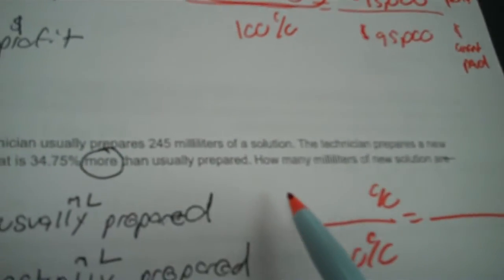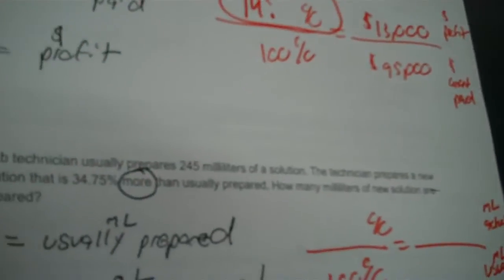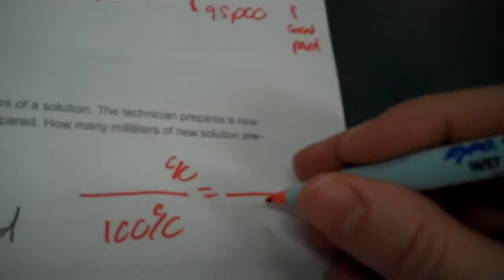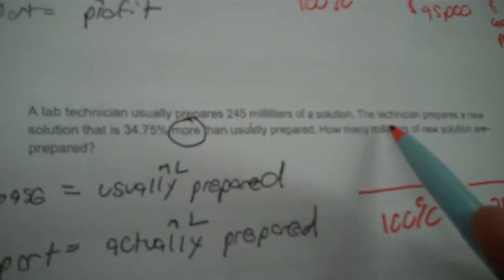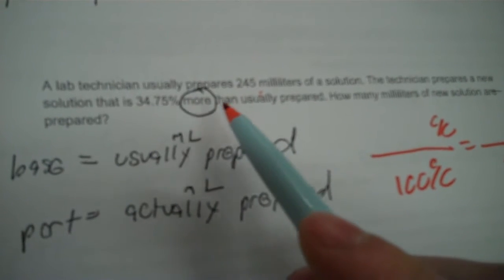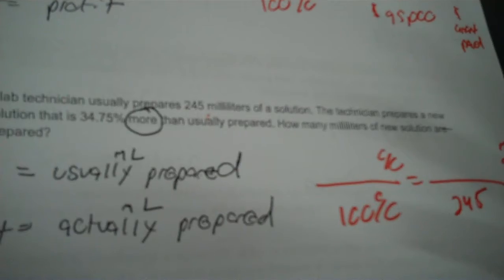Okay, what are we trying to figure out? How many milliliters of new solution are prepared? That means that's the actual amount. Well, they usually prepare 245. That's the usual. Now the percent, you've got to be careful. It says more. So when I circle words like that, that means you're not going to use the actual 35.75.